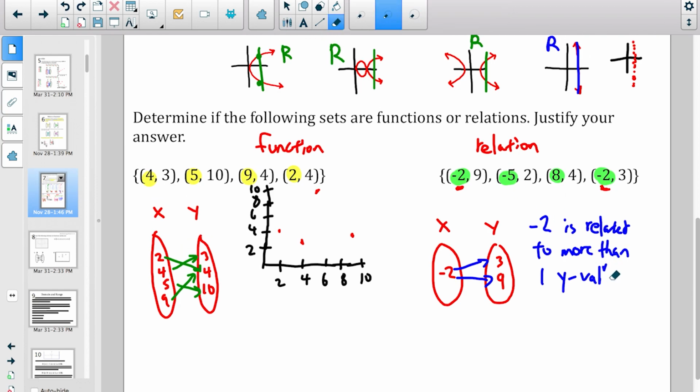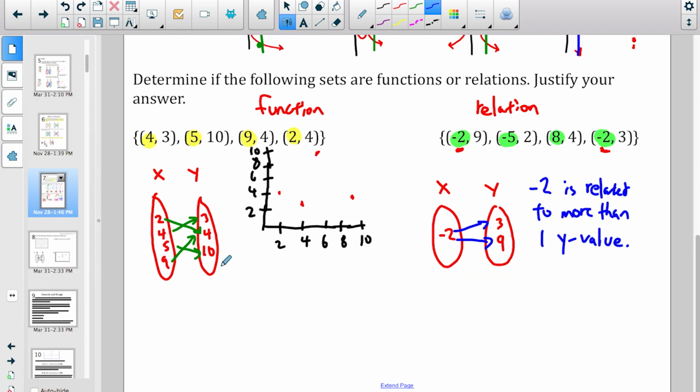And for the right hand side, I realized I forgot to write down our justification here. There are a couple different ways we can express our answer. We can simply say that each x value is only related to one y value.